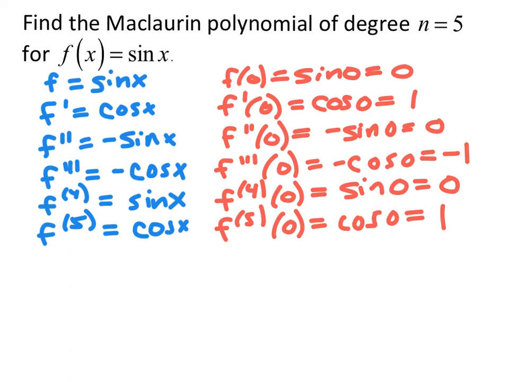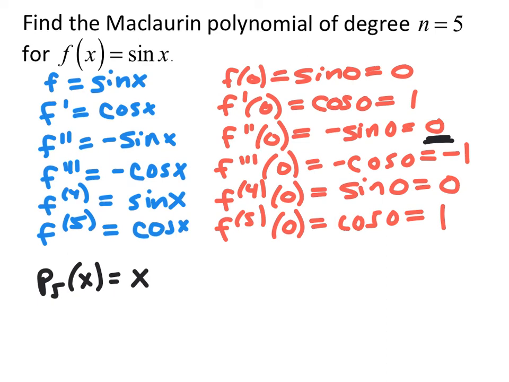So now that I have everything, now I can actually build my Maclaurin polynomial. So the Maclaurin polynomial of degree 5 would be P5 of x. It starts off with f of 0. Well, f of 0 is 0, so I don't really have to write that, plus f prime of 0, which is 1, times x, minus, now f double prime, notice, is 0, so I'm not going to keep the f double prime.